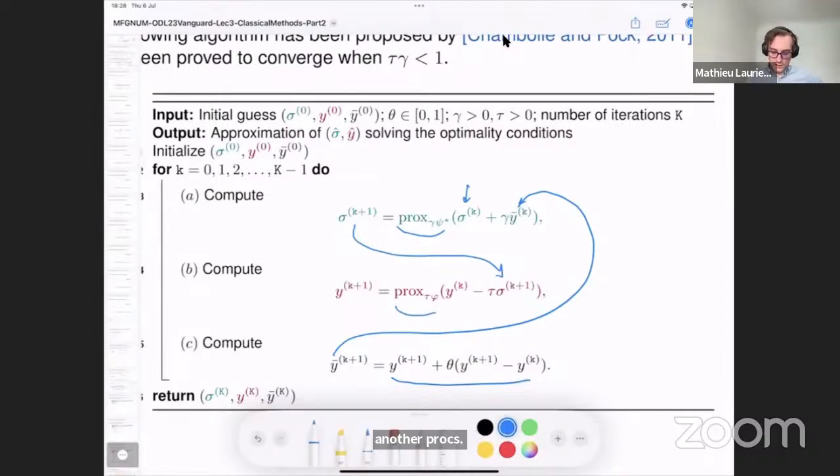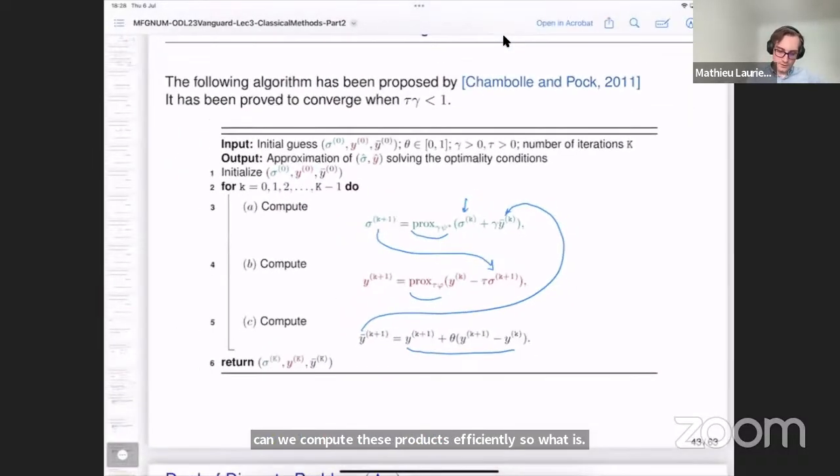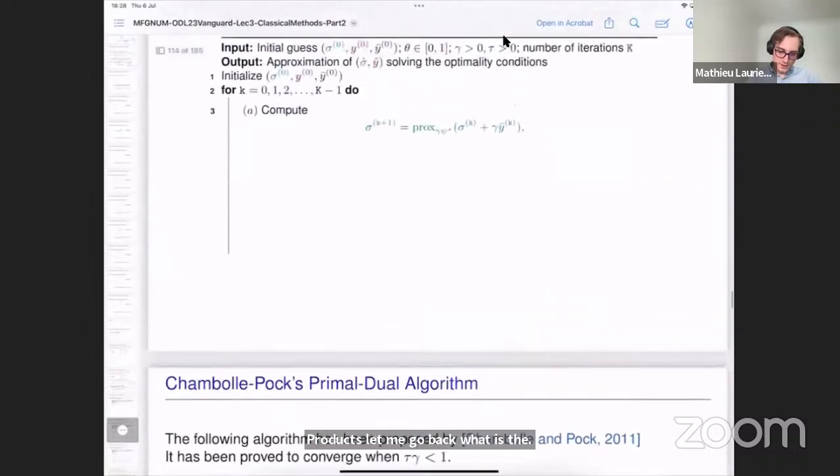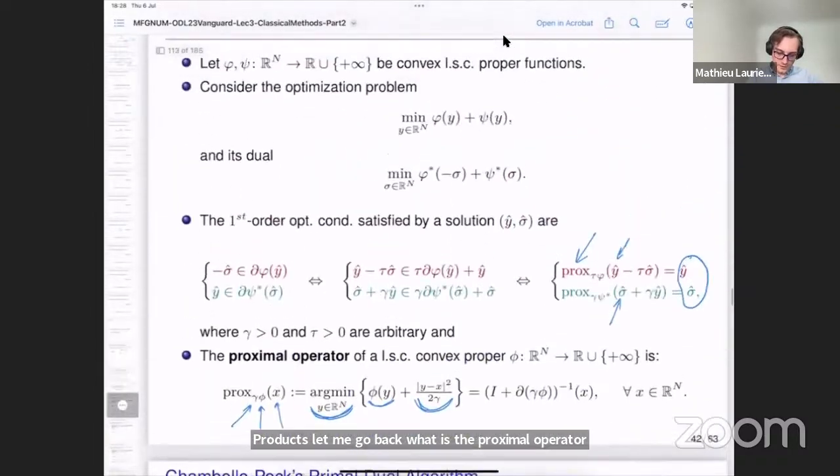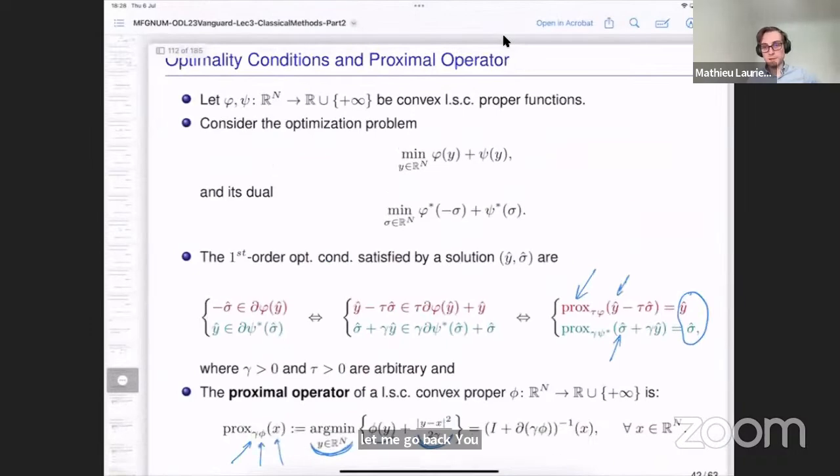So, of course, the question is, can we compute these prox efficiently? What is the proximal operator? Let me go back. You see that proximal operator means you need to solve some minimization problem. So in principle, we need to solve a minimization problem at each of these 2 steps.